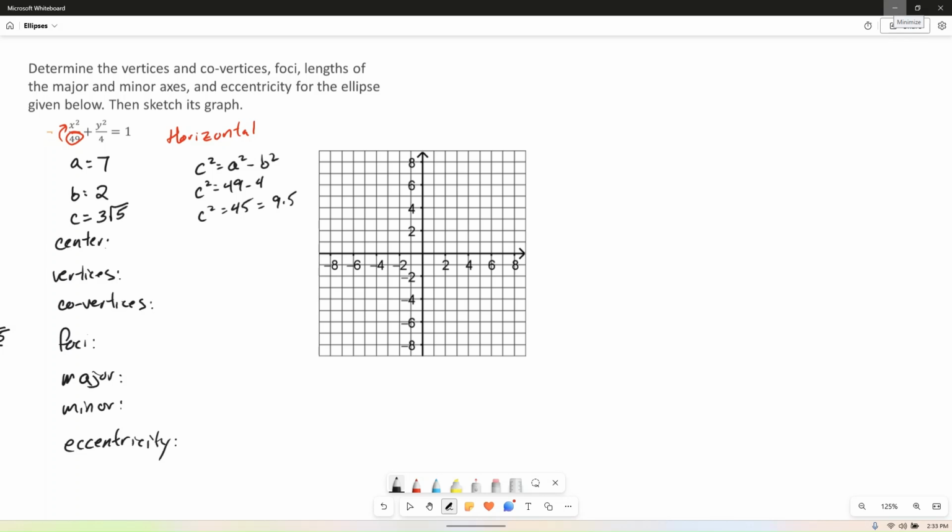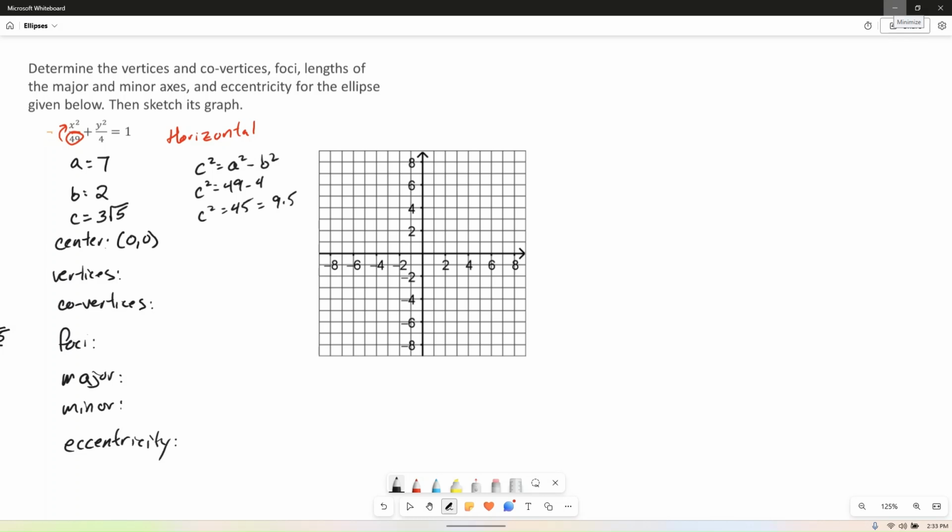Now that we know A, B, and C, we can find all of our key characteristics. In both of these examples, we're looking at examples where the center is at the origin. So this is still at the origin.